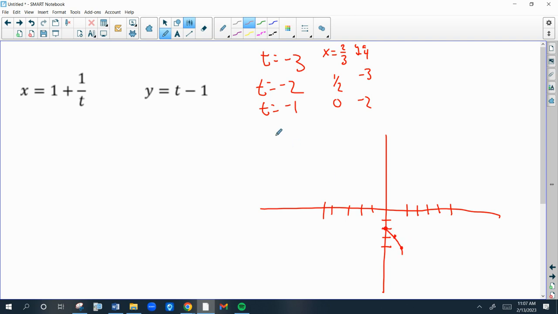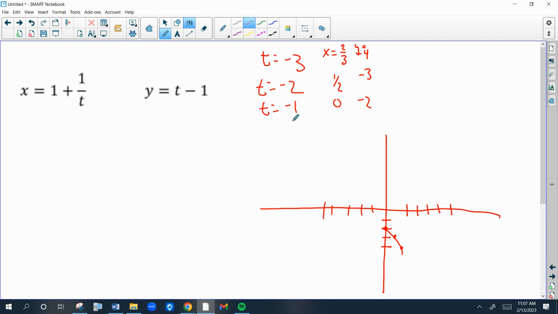So I'll try t equals, well, I can't make t equal 0 because that's undefined over here. So let's try -1/2.